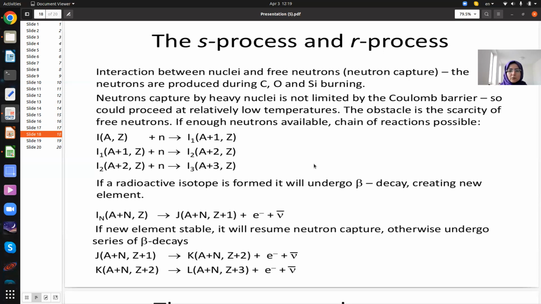If enough neutrons are available, a chain of reactions is possible, as you see here. If a radioactive isotope is formed, it will undergo beta decay, creating new elements. If the new element is stable, it will resume neutron capture, otherwise it will undergo a series of beta decays, as you see here.